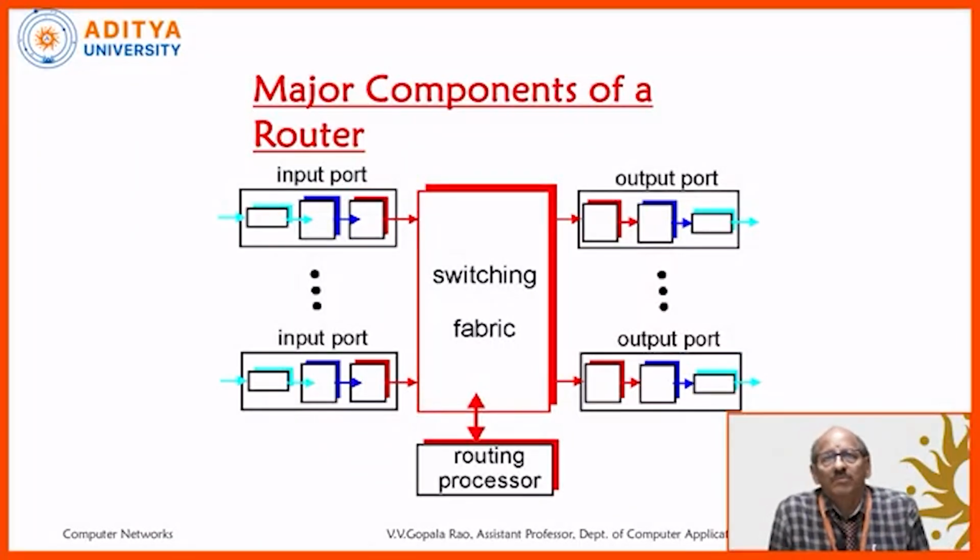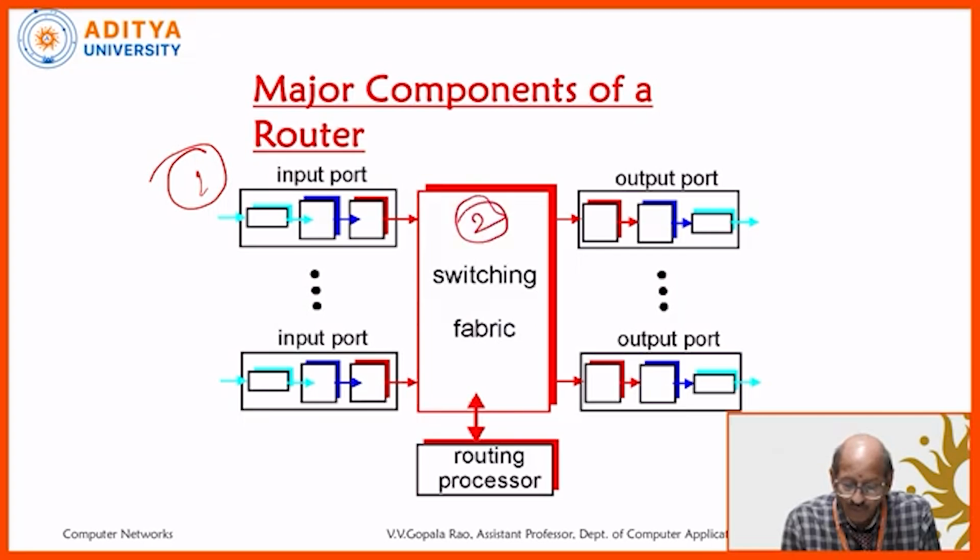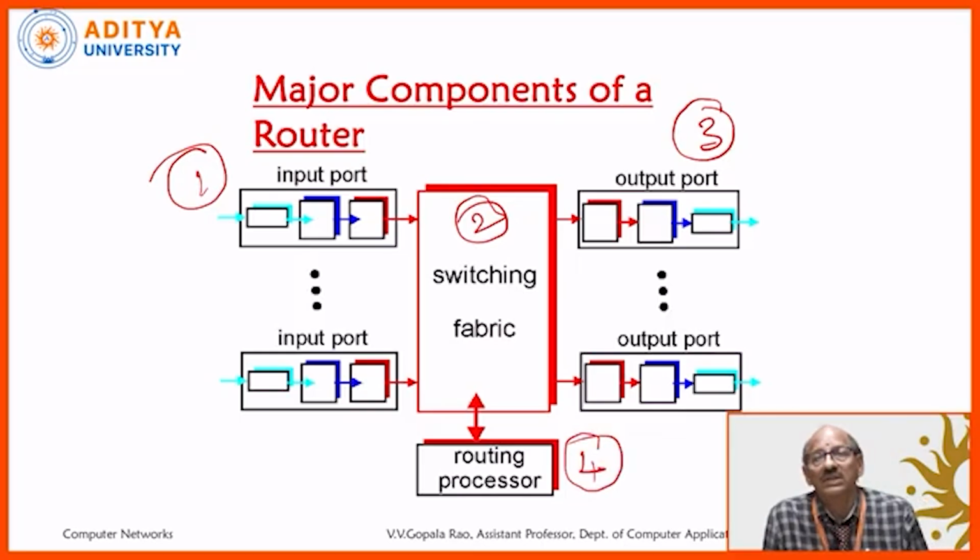Now, because a router is a device, what components can you identify in it? Basically, there are four categories. One is the input port, number 1. Next is the switching fabric, number 2. The output port is another, and the fourth is the routing processor.